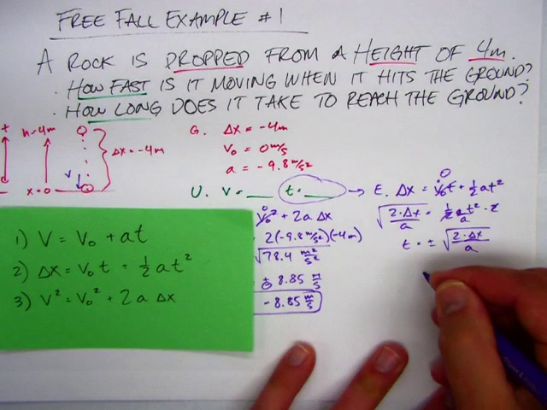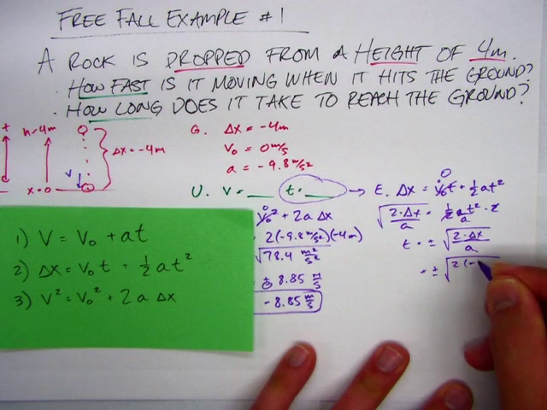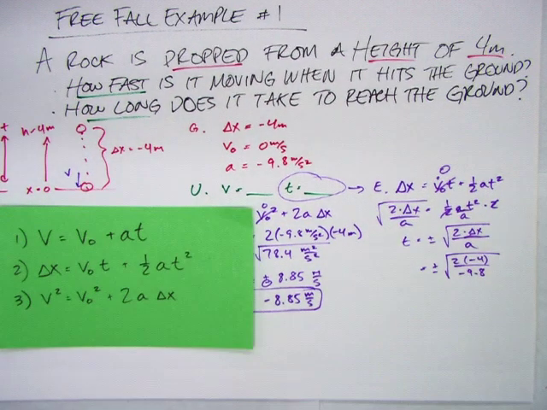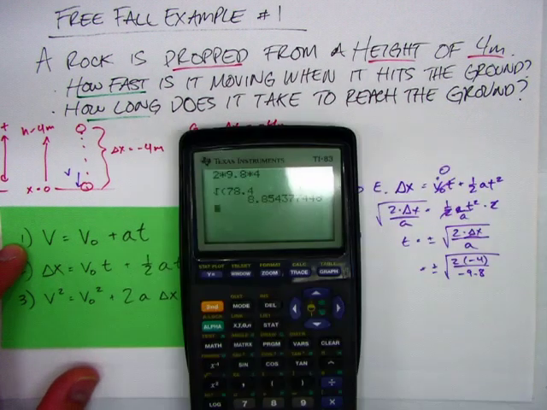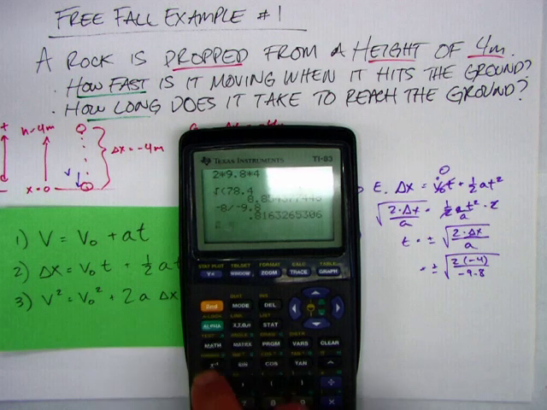Okay, let's substitute. Delta x is -4. A is -9.8. So it looks like I might have a square root of a negative, but the negatives should cancel. So I have -8 divided by -9.8, and then square root that.